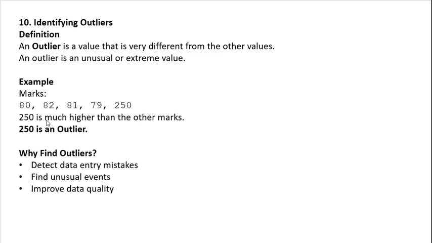So 250 is much higher than the other marks, so 250 is an outlier. And we find outliers to detect data entry mistakes, find unusual events and improve the data's quality.